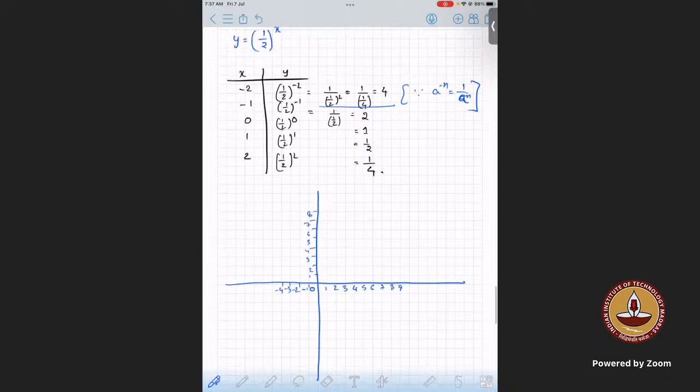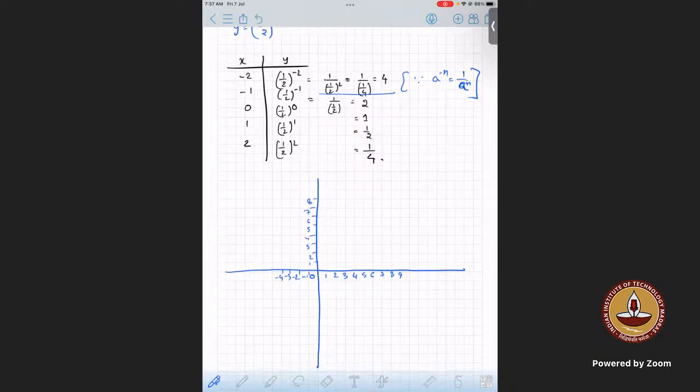Now I'll check for -2. For -2, it is 4. For -1, it is 2. For 0, it is 1. For 1, it is 1 by 2, and for 2, it is 1 by 4.